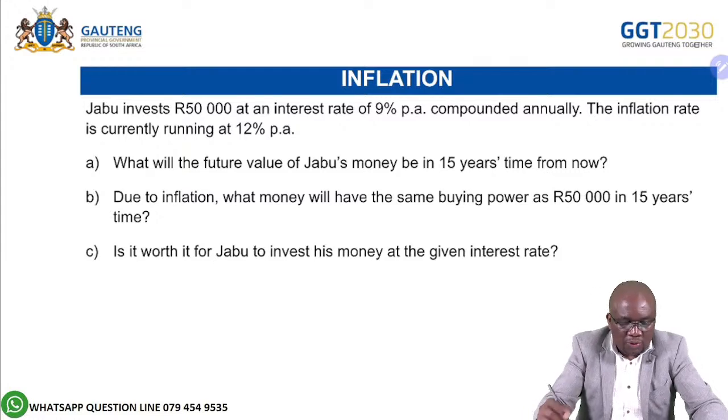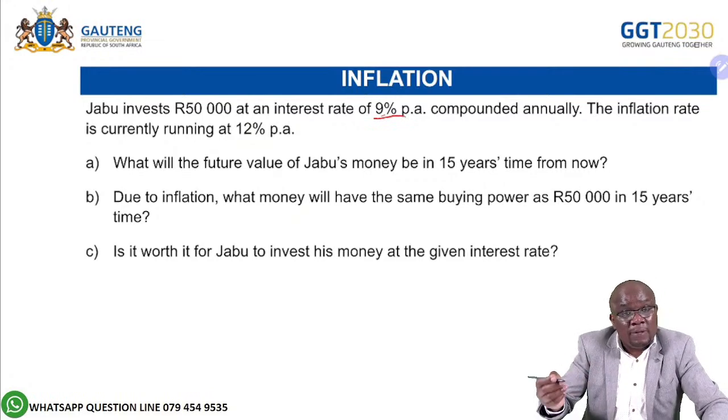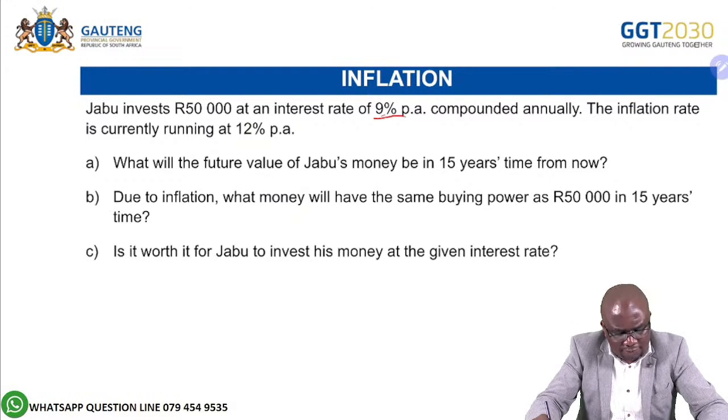B: due to inflation, what amount will have the same buying power as 50,000 in 15 years' time?